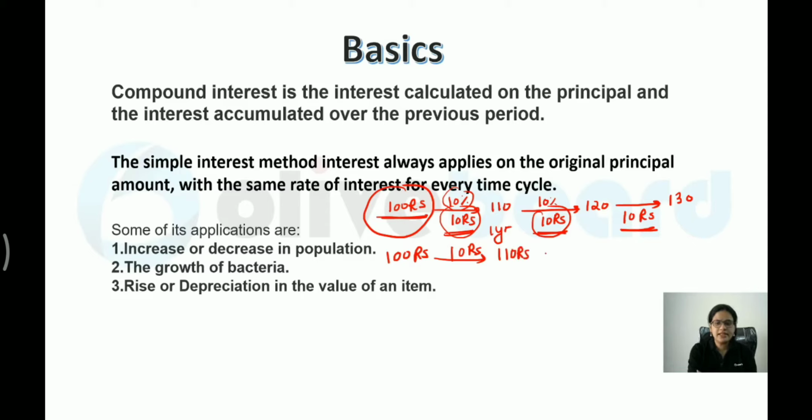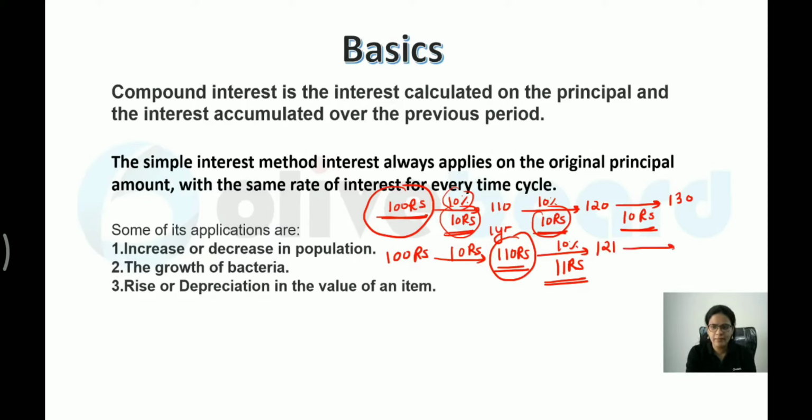Now next year I have to calculate 10% of this, so it is not 10 rupees. How much would be 10% of this? 11 rupees. Are you getting it? So in the second year 11 rupees would be added. So what would be the total amount? 121 rupees.